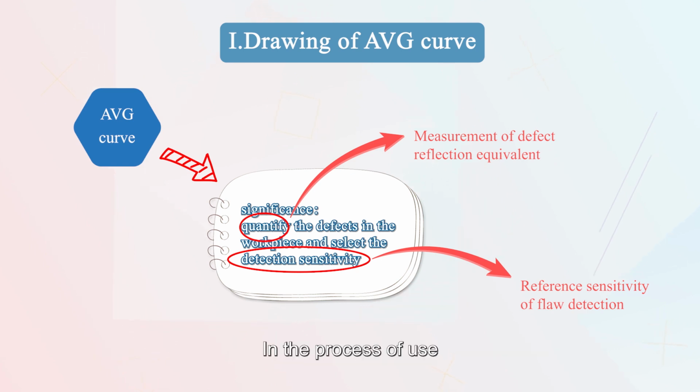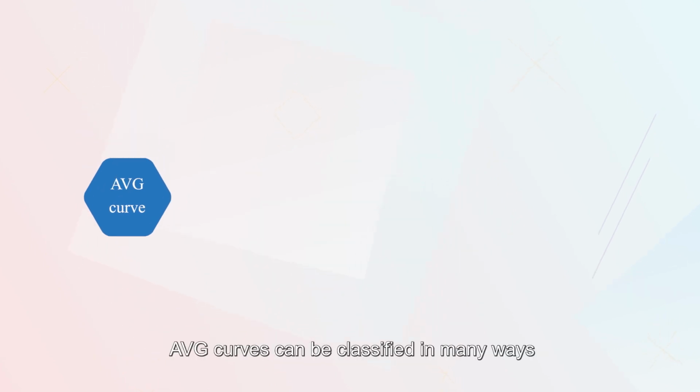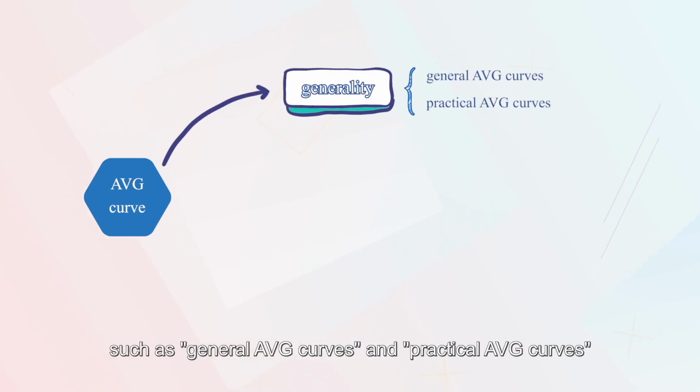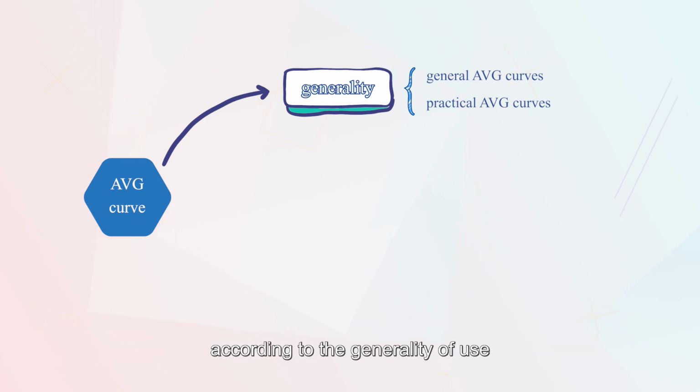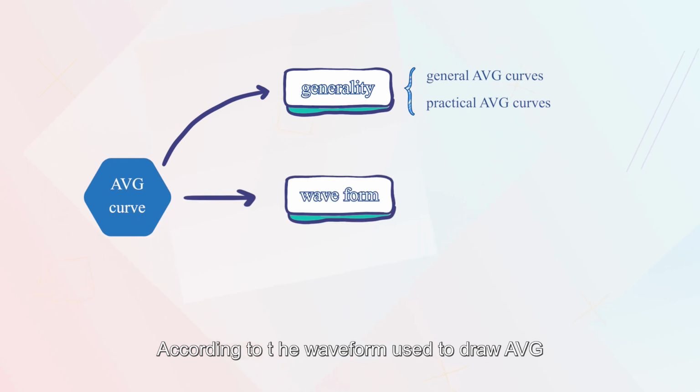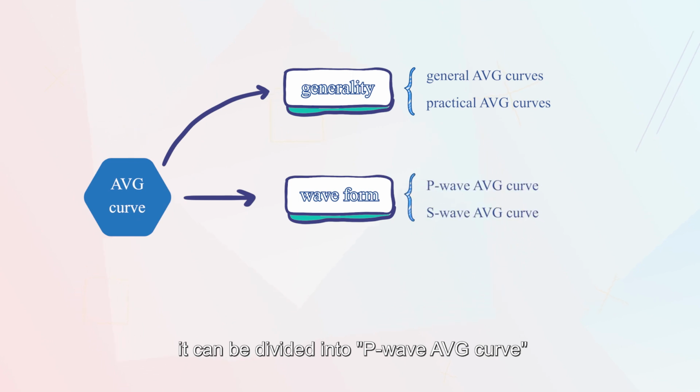In the process of use, AVG curves can be classified in many ways, such as general AVG curves and practical AVG curves according to the generality of use. According to the waveform used to draw AVG, it can be divided into P-wave AVG curve and S-wave AVG curve.